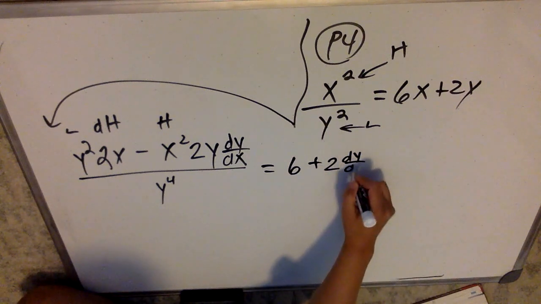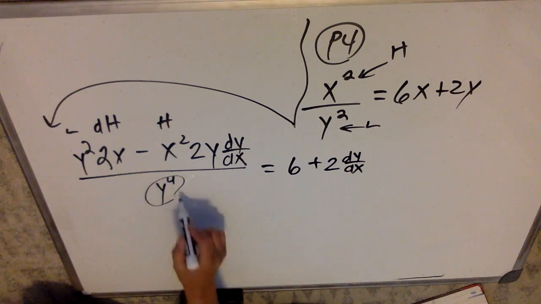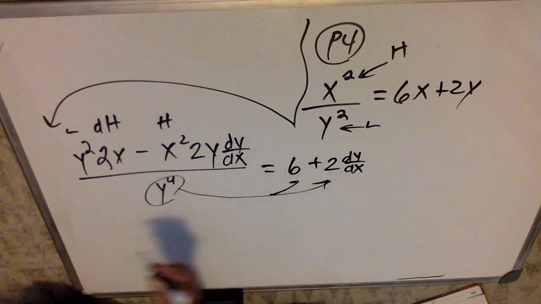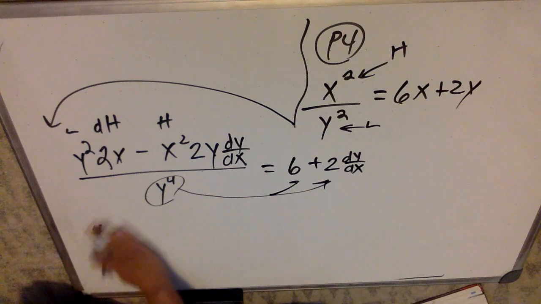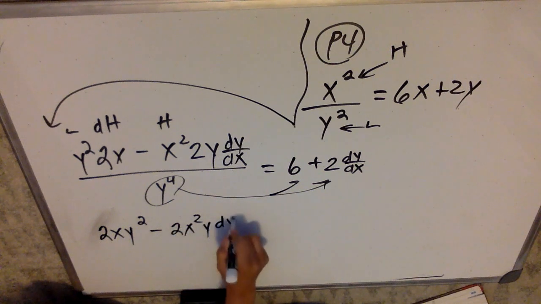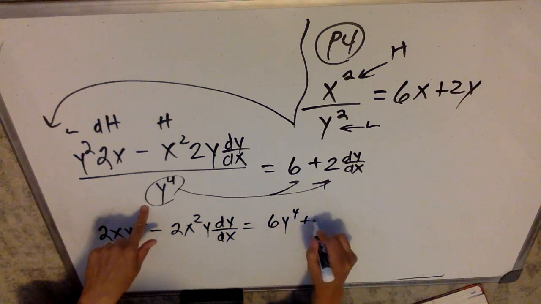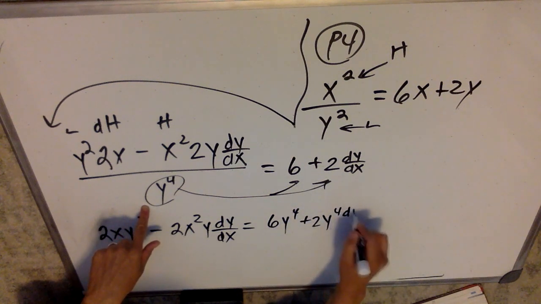So again, I want to solve for the dy dx's. The best way to do that is to multiply this y to the fourth over, right? So I'm going to get, and I'll probably clean this up while I'm working, a 2xy squared minus a 2x squared y dy dx equals, and on the other side, this will become a 6y to the fourth plus a 2y to the fourth dy dx, right?